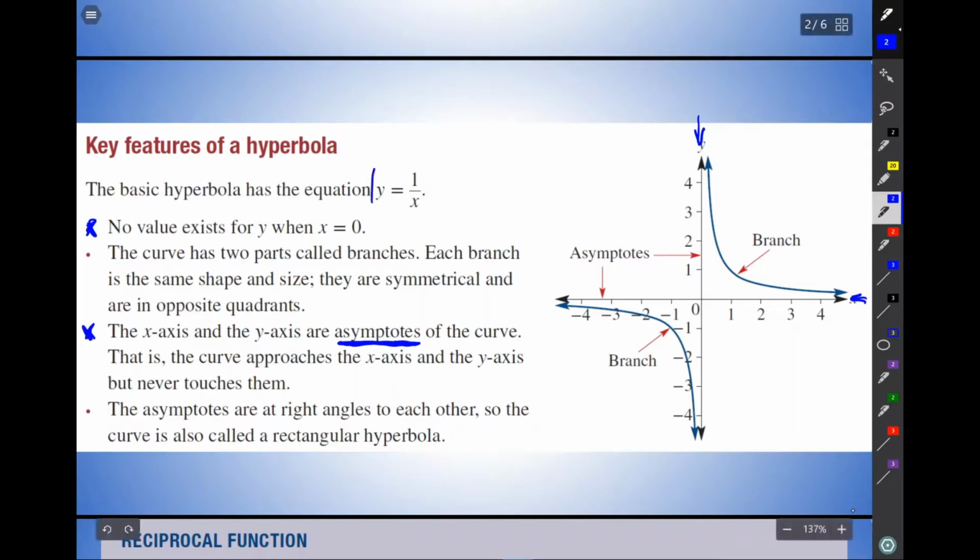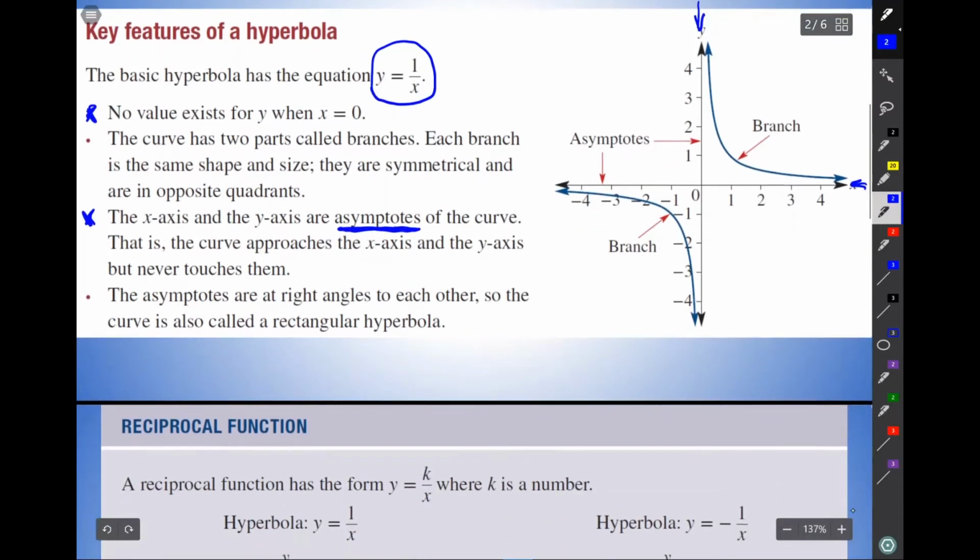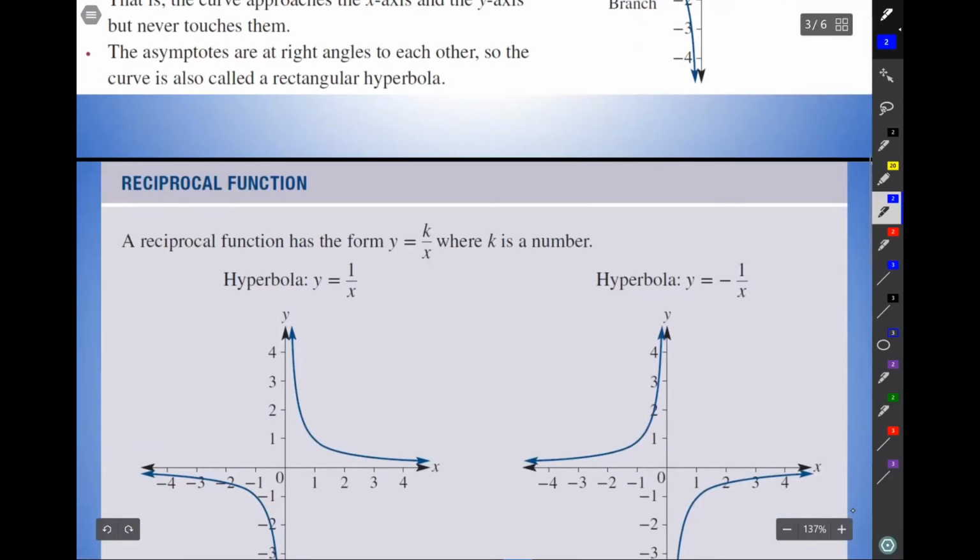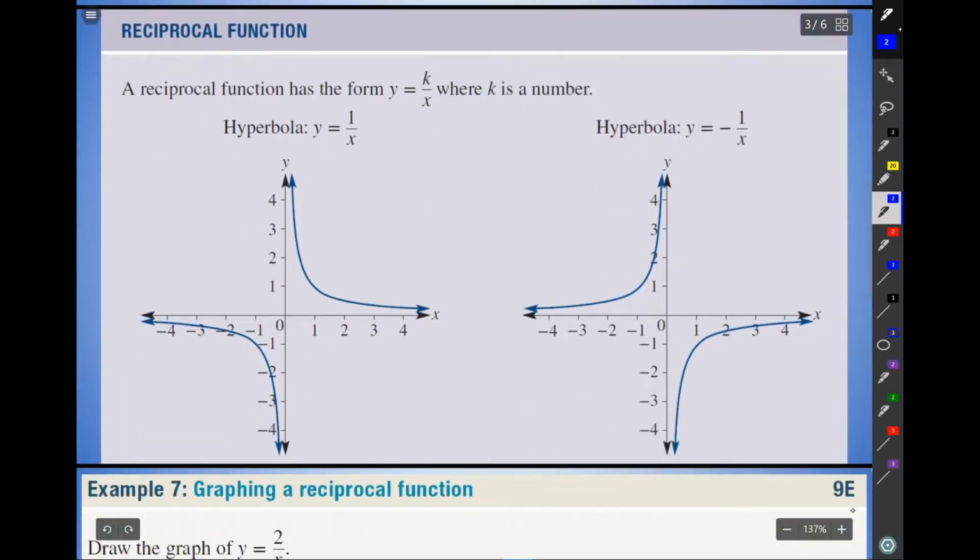And the general form of what these equations look like is this: y equals 1 over x. And this is just showing you what happens if you stick the minus out the front.